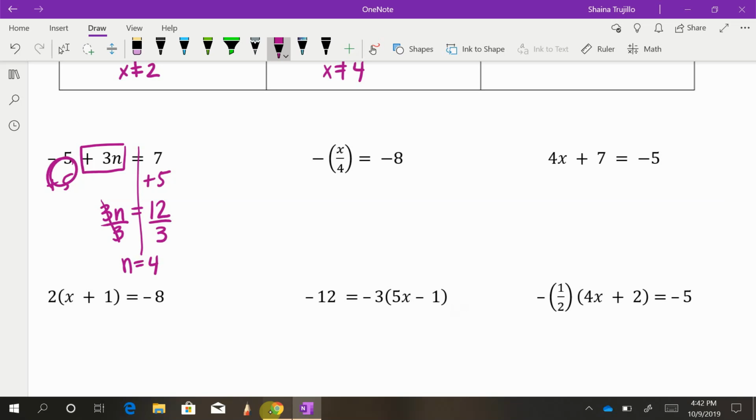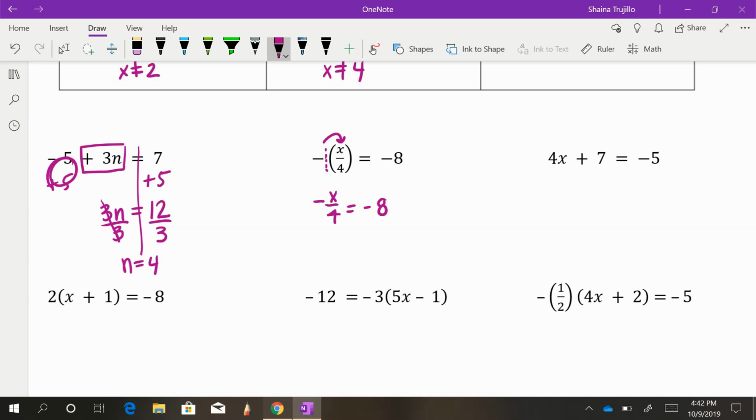Okay, here's this one. This one might seem a little tricky, but if you remember from last time, there's a little tiny ninja invisible 1 right here. So negative 1 times x over 4 is just negative x over 4. I'm going to show you how to completely get rid of everything that's connected to our x using the inverse property.